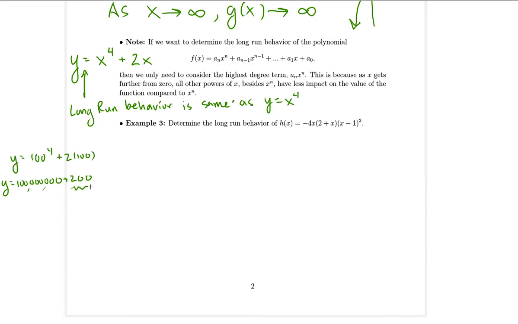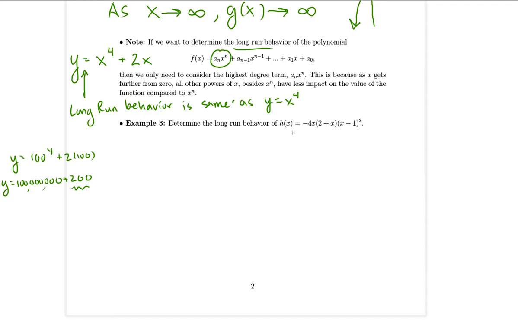So what that tells us is that when you are trying to determine the long-run behavior of a big, long polynomial, you can just focus in on the leading term, the highest degree term. And whatever the long-run behavior of that is, that'll be the long-run behavior of the entire thing.